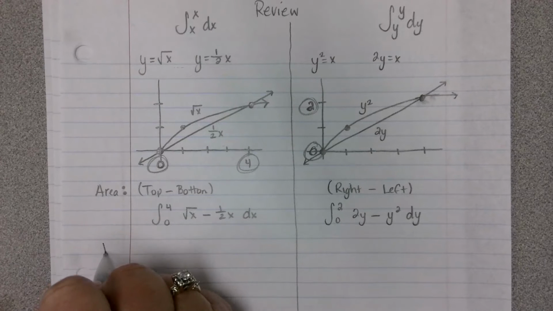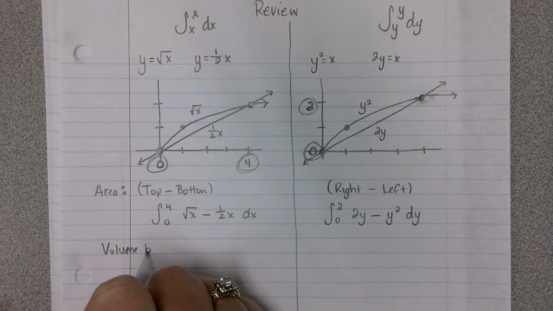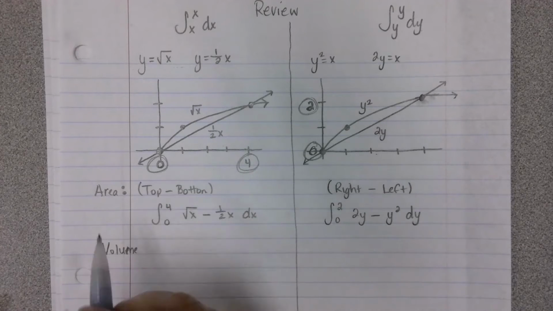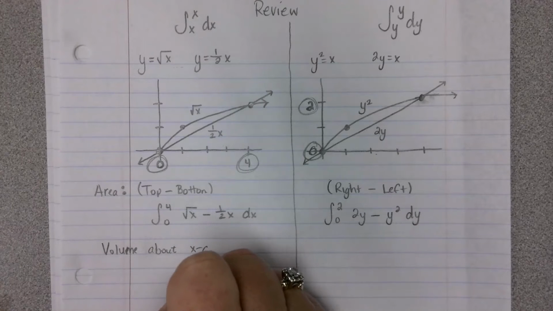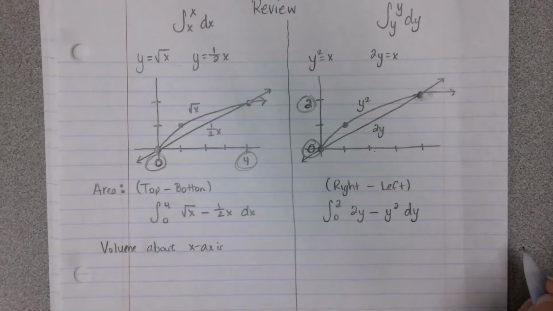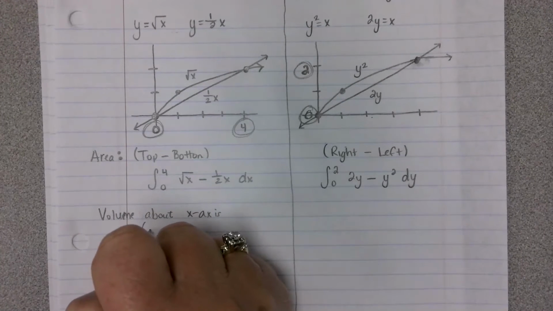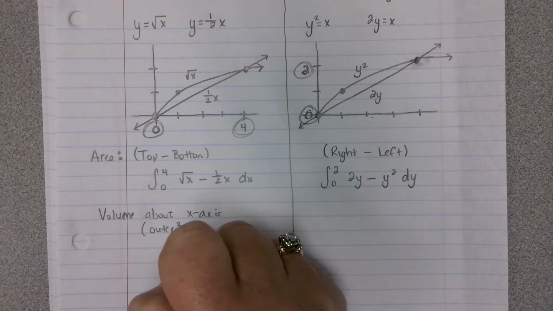All right, so let's say we're taking the volume, can't spell, the volume about the x-axis, okay? So the volume about the x-axis. Well, when you do volume, you remember that you're going to have outer squared minus inner squared.